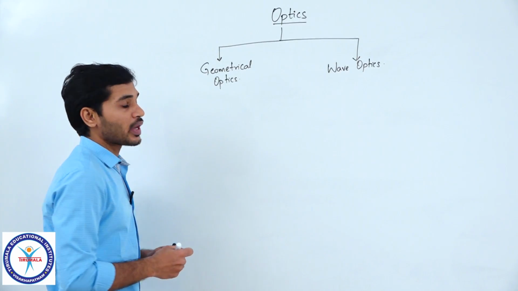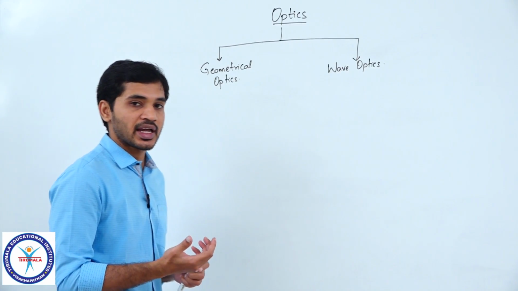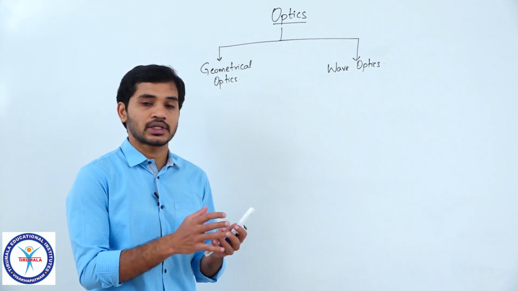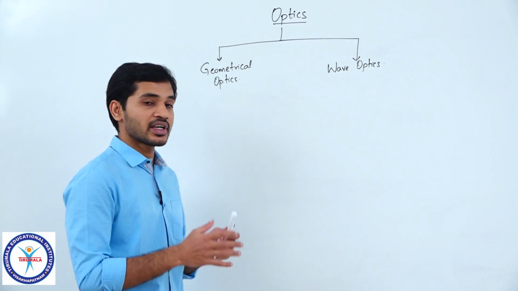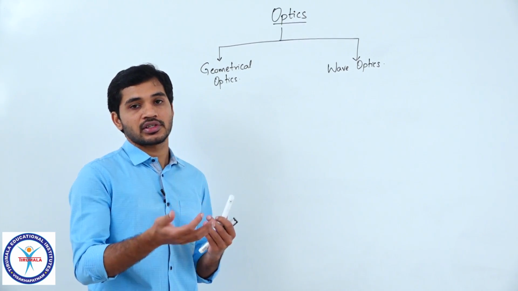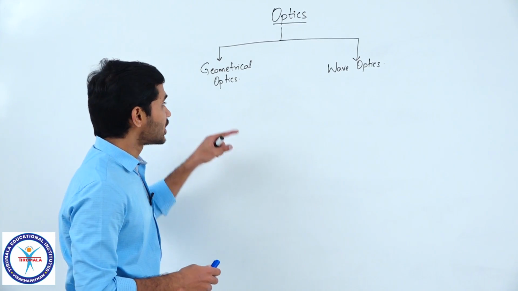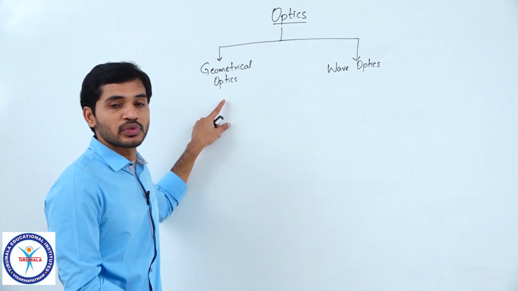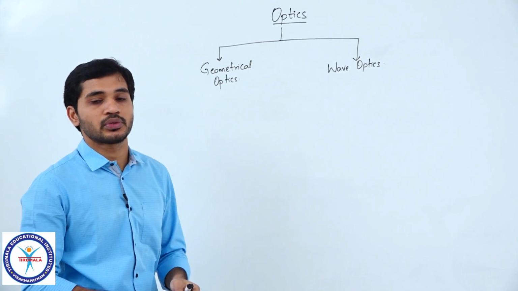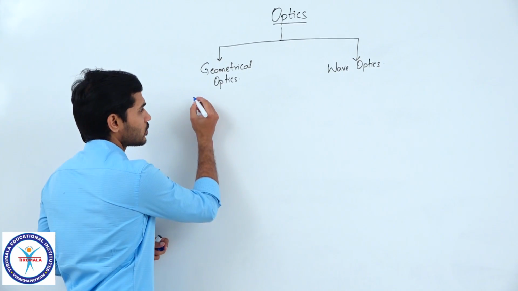Whenever we have light which is interacting with bodies or devices having sizes far larger than the wavelength of light, in such cases geometrical optics is the way we analyze light. I will just write it down here.